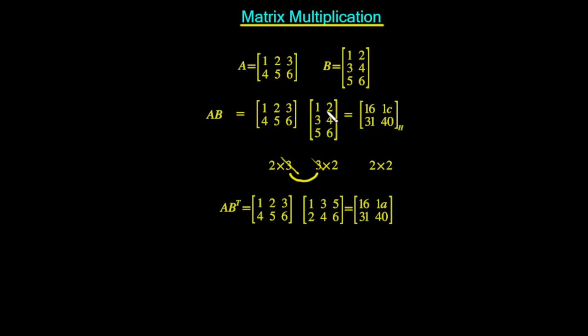And we can do that much easier if we were to take the second matrix here and transpose it. So I've done that down below, and you'll be able to see why this makes it a bit easier. So we leave the first matrix A as it is, we transpose the second matrix.